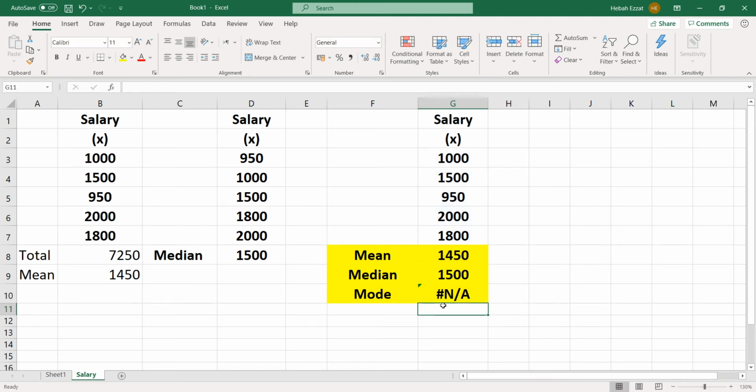And for the mode it's NA, because there is no repetition and no observation has occurred many times. So it is very easy using Excel to find the mean, the median, and the mode. This is for the centrality measures.